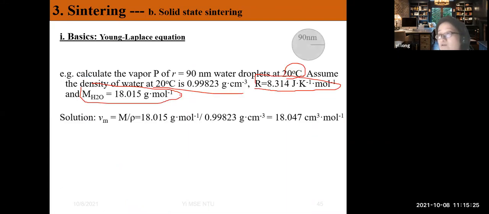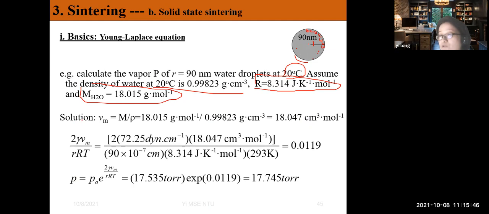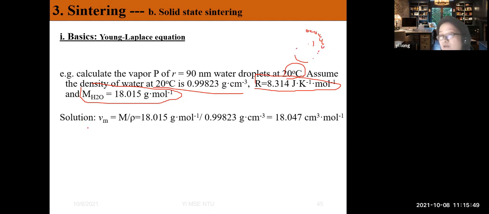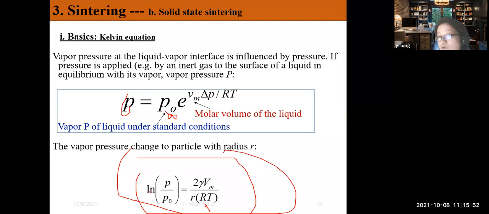So again, this is a water droplet, 90 nanometer. Inside you have a lot of water atoms. Now let's calculate the vapor pressure. We use the equation we derived here, with the exponential, and put all these values in. They look very complicated, but actually P_0 is a constant because the flat surface has no shape.